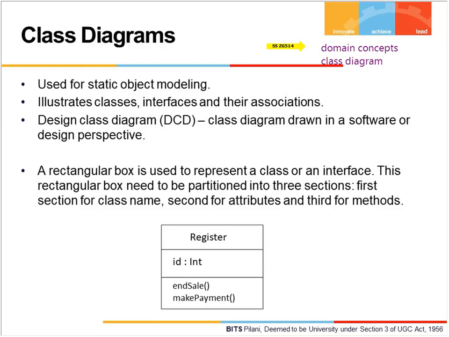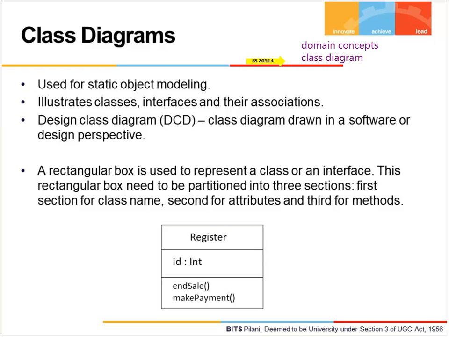Your domain diagram eventually evolves into a class diagram, and in the class diagram, what you depict is the software concepts or the software classes. So this is how a domain model differs from a class diagram.